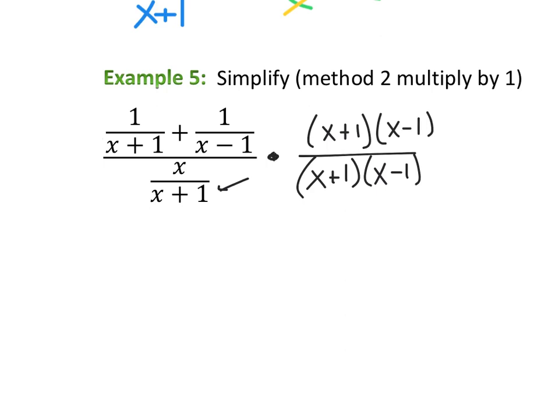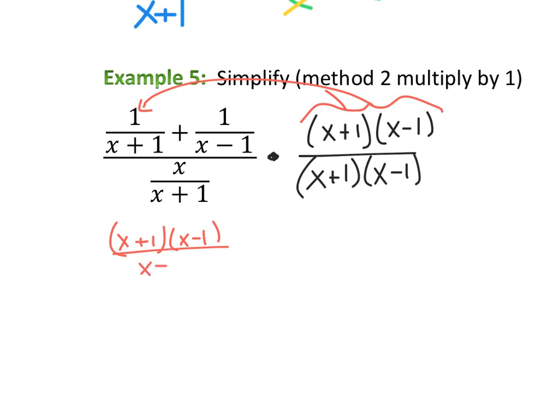And there's a nice thing that happens when we do this. If I go and distribute this through, so this is all one term, distributing it through would give me x plus 1, x minus 1 over x plus 1, plus distributing it through here gives me x plus 1, x minus 1 over x minus 1.